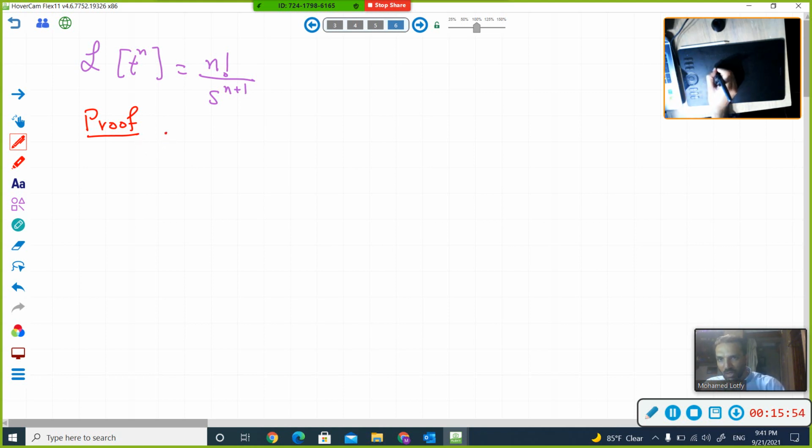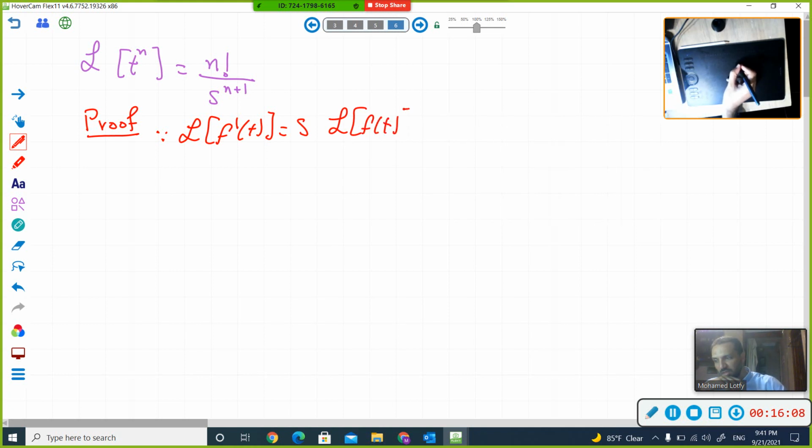So we know that the Laplace transform of f dash of t, we proved before that it is s times the Laplace transform of f of t minus f of 0. Okay. So let's get the Laplace transform of f of t to the left hand side.